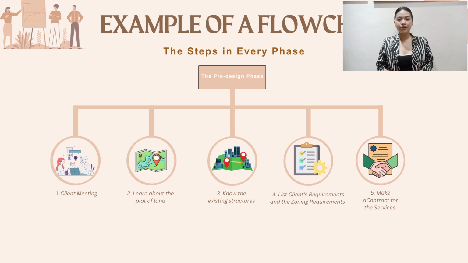The architect researches local zoning and land use restrictions, then makes a cost estimate as part of their competitive bid to win the commission. If the parties agree on terms and the scope of the project, they draw up a contract for architectural services.